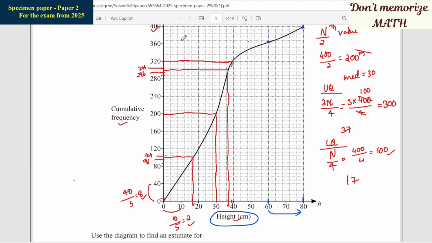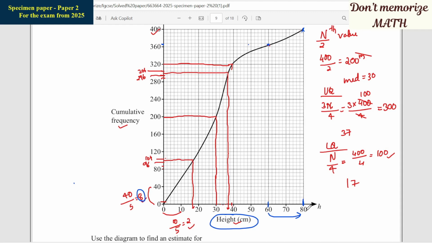So this is just after 360. One line represents 8 on the y-axis. So it is not 368. So it is before that. So we will just take 364. Okay, so 364, and for 80 we have 400.